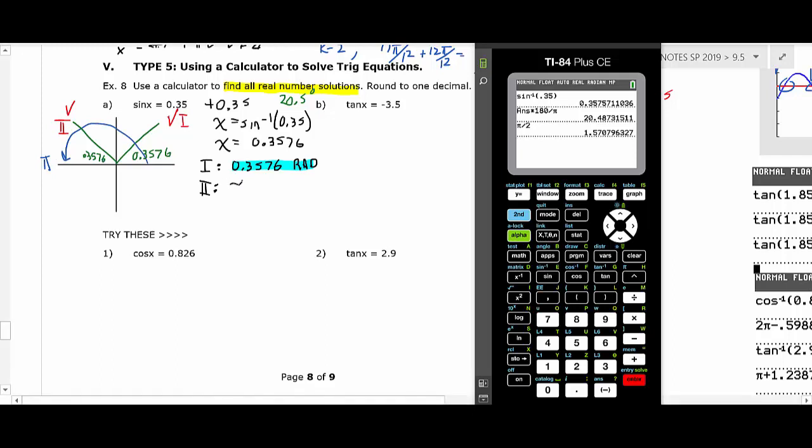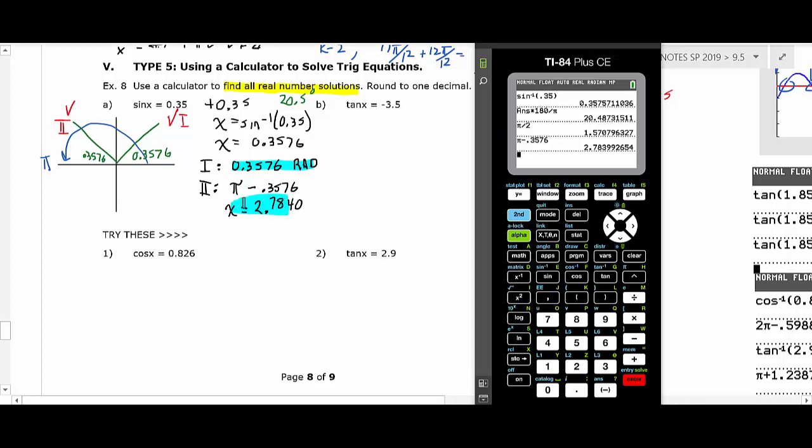So you're going to do pi minus 0.3576 to get approximately what that angle x is in quadrant 2. I'm just going to take pi minus the 0.3576 radian measure, and this will give me the second answer, quadrant 2, which is about 2.7840.